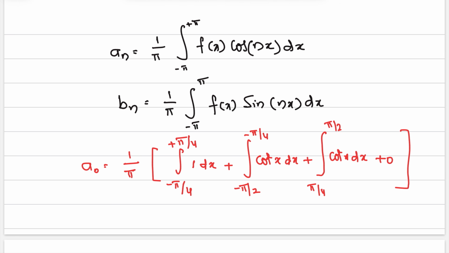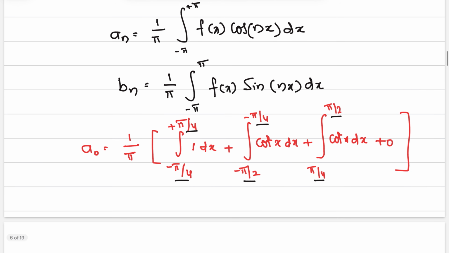Because you just see, minus pi by 4 to plus pi by 4, already something is defined. Now, minus pi by 2 to minus pi by 4, cot x is defined. Plus pi by 4 is already completed, minus pi by 4 to plus pi by 4. Now we require plus pi by 4 to plus pi by 2. And for all other values, function x is equal to 0. Please try to understand how I got my a naught.